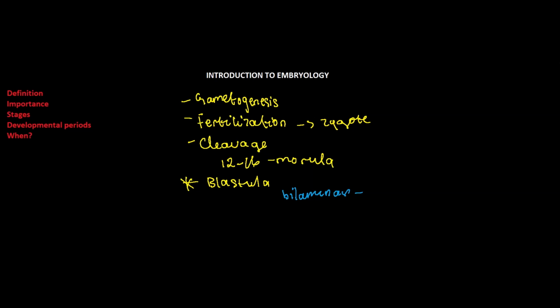Bilaminar simply means two germ layers, and the germ layers are the epiblast and the hypoblast. In the next stage, the epiblast would go on to form the ectoderm and the mesoderm, while the hypoblast would go on to form the endoderm.